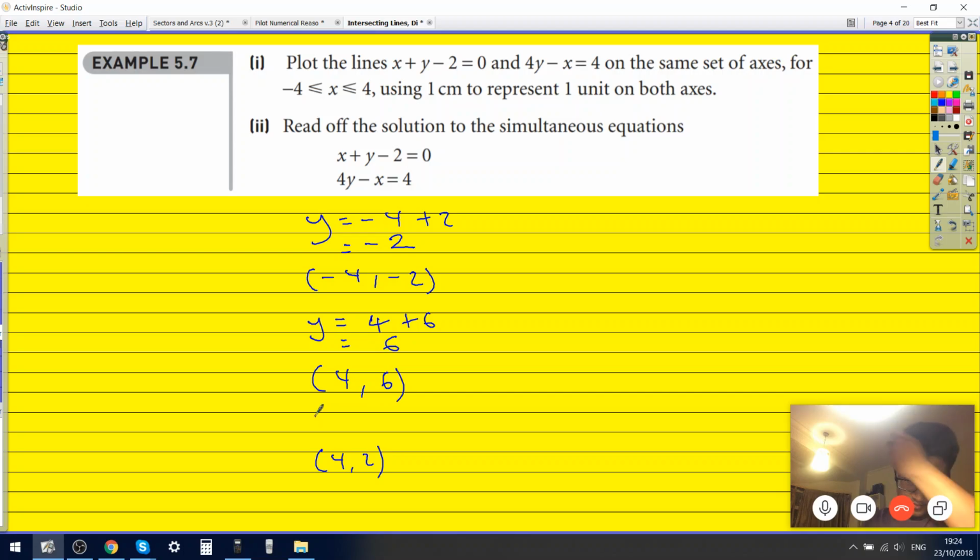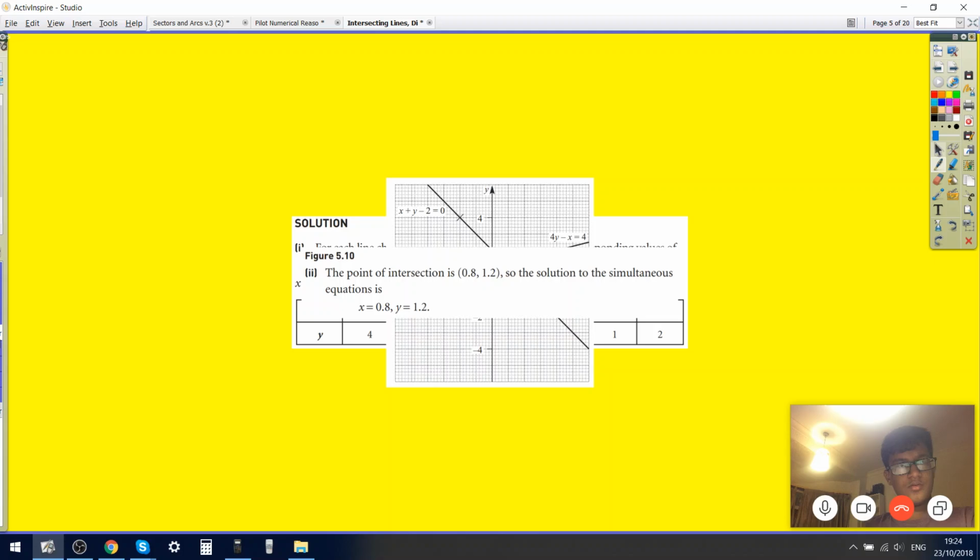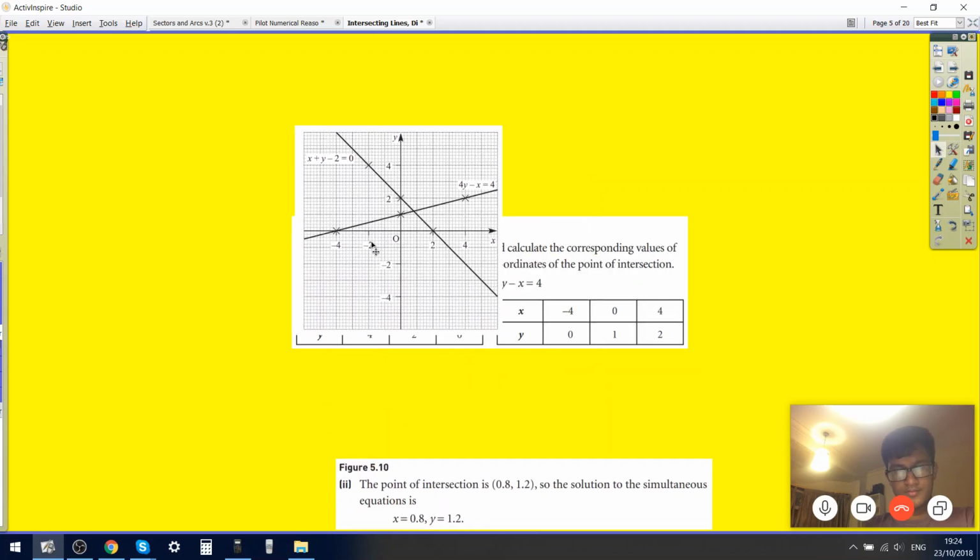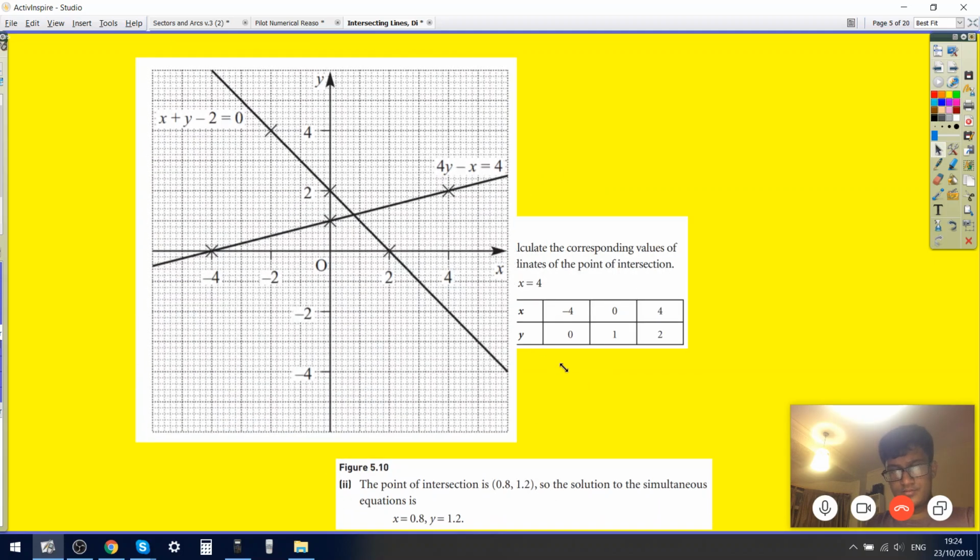Okay. So the point of intersection is... and it's not going to be an easy number. Would it be 1, comma... 1, 1.3? I'm not sure. I can only really sketch it, but this is what the graph would look like.